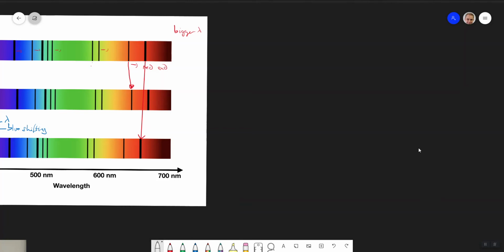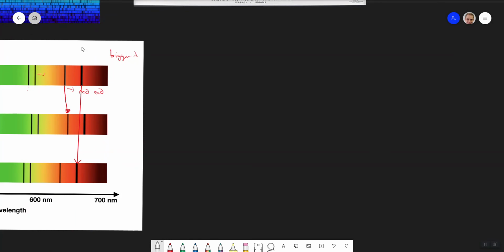Let's just quickly note the idea. When we look at stellar spectra, the lines will be redshifted if the star or galaxy is moving away.